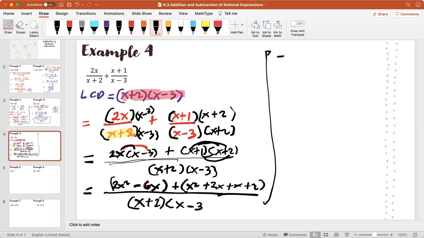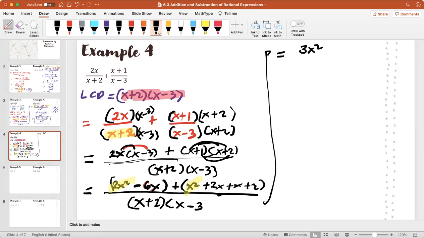Let's continue. Since this is plus, it's safe to combine like terms now. Unless it's a subtraction; if it's a subtraction, you need to change the signs. But this is addition, so we simply combine like terms. 2x squared plus x squared: there are only two, and the sum is 3x squared.